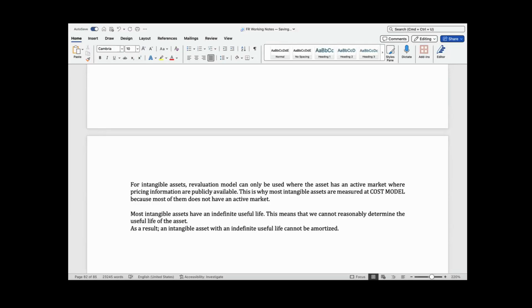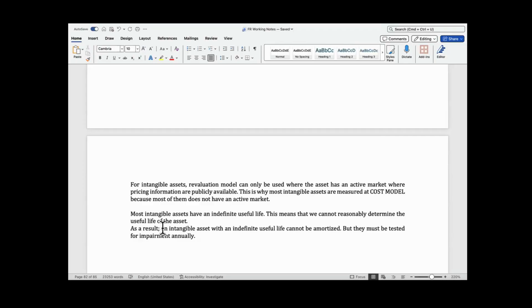So you cannot amortize an intangible asset with an indefinite useful life, but it must be tested for impairment annually. When you see an intangible asset with an indefinite useful life, you must test it for impairment every year.